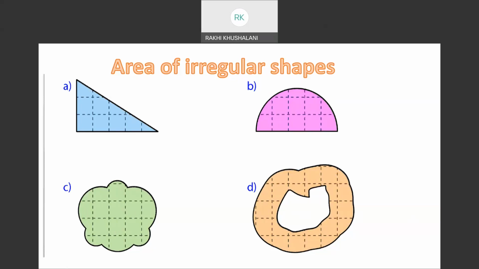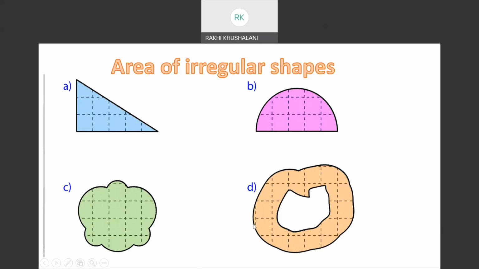So when we have to find out the area of such shapes, now children, in future you will be finding out the area of the triangle, a proper formula will be there. But right now we are not teaching you all the formulas. We are teaching you by counting the number of squares inside the triangle, like we are doing for others. Even the semicircle, you will be having in future a proper formula, but now we will be using the number of squares inside them to find out the area.